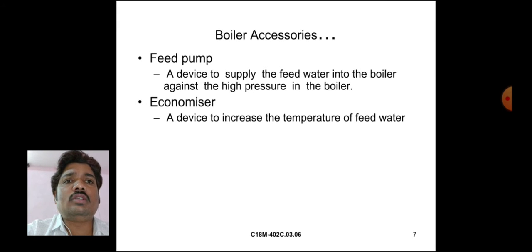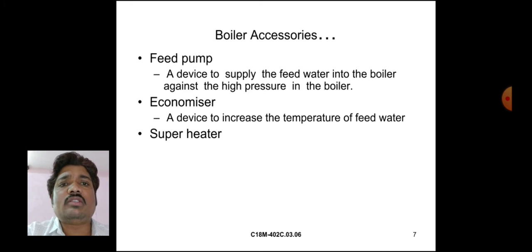Feed water is supplied into the high pressure inside the boiler through the feed pump. The economizer is a device to increase the temperature of feed water.